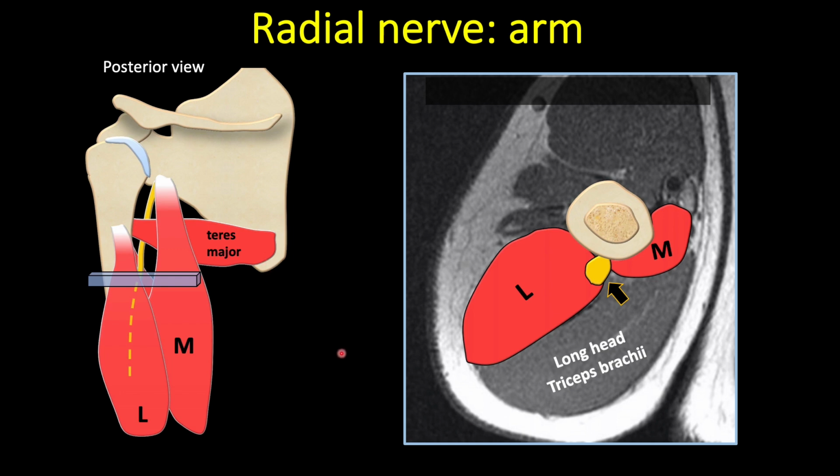On the right, the corresponding cross-sectional level, depicted here in blue, clearly shows how the radial nerve, indicated with an arrow, courses between the medial head and the lateral head of the triceps brachii. Both of them are deep to the long head of the triceps brachii, which is more superficial.